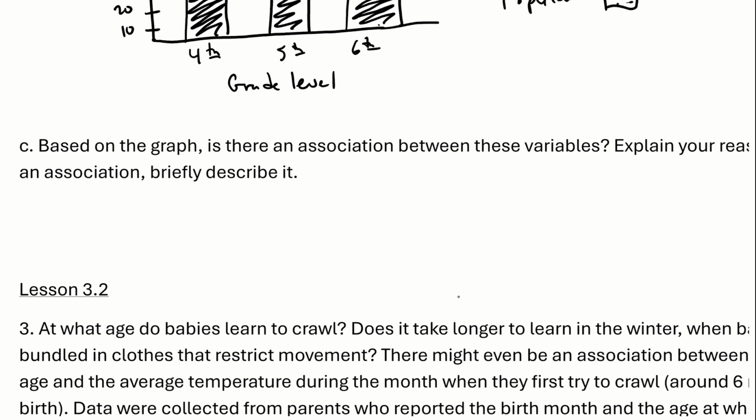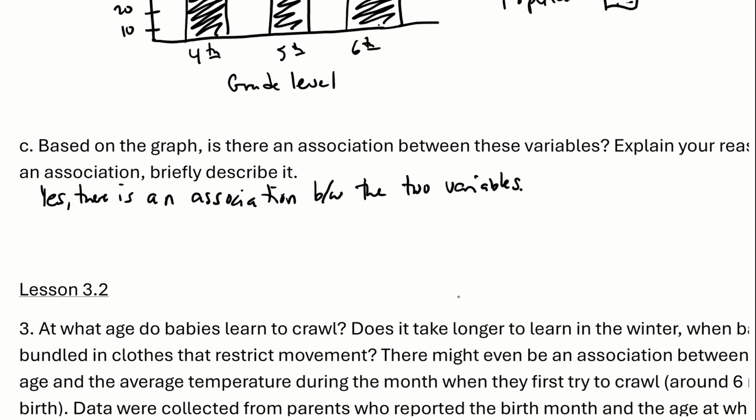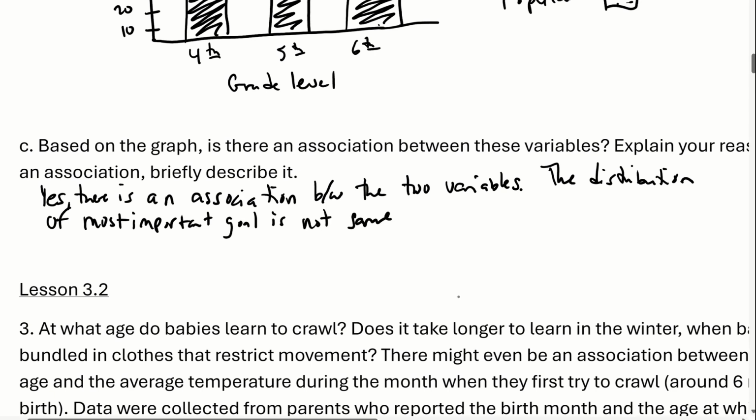Okay, so yes. There's an association between the two variables. The distribution of most important goal is not the same for each grade level.